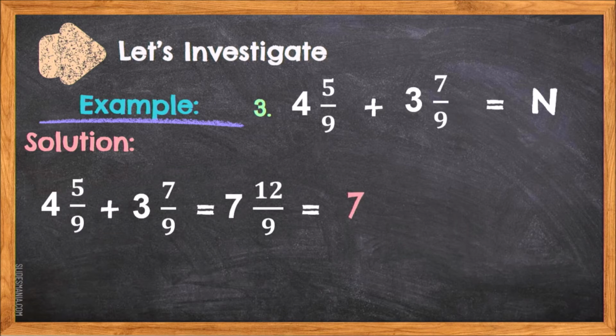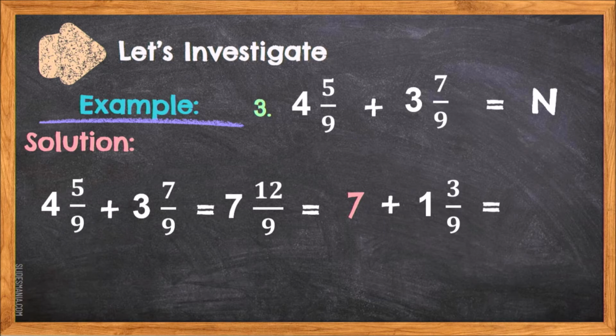Here, kids, we need to separate first the whole number and the improper fraction because we have an improper fraction. So let us separate the 7, and then let us make the improper fraction a mixed number. The answer in 12/9 is equal to 1 and 3/9. So this time we can add the whole numbers and then just copy the fraction.